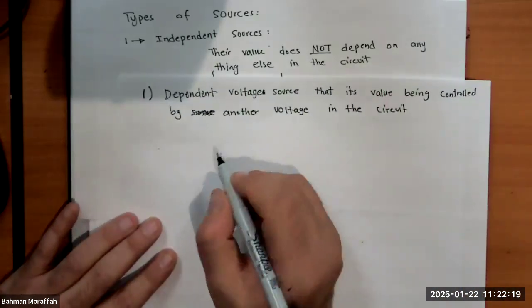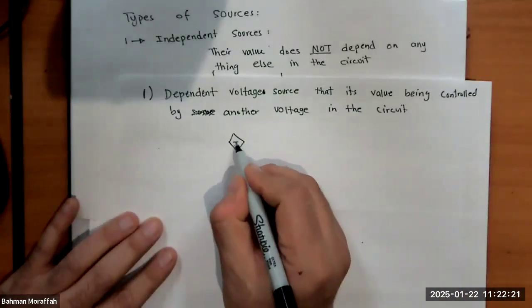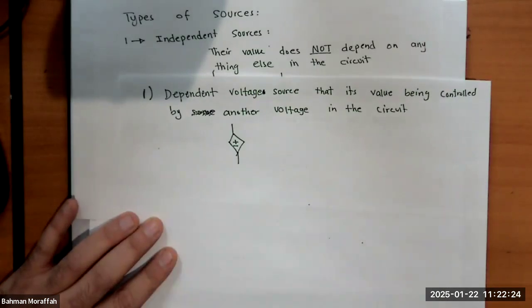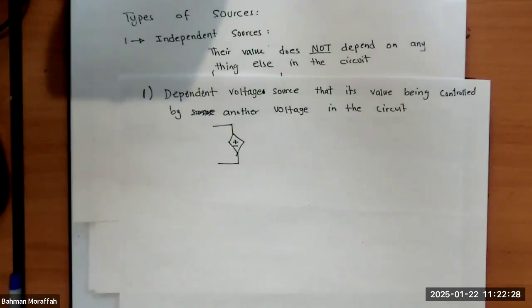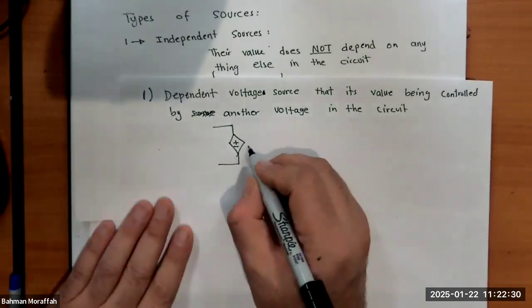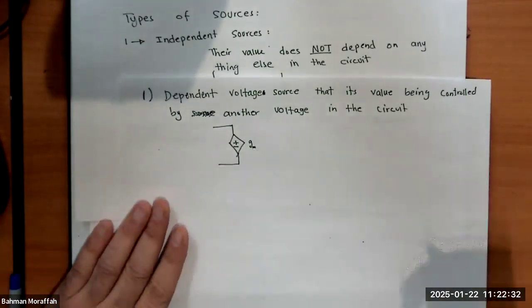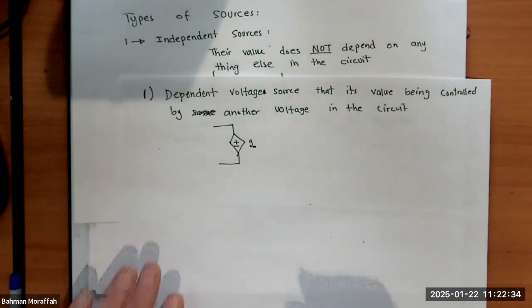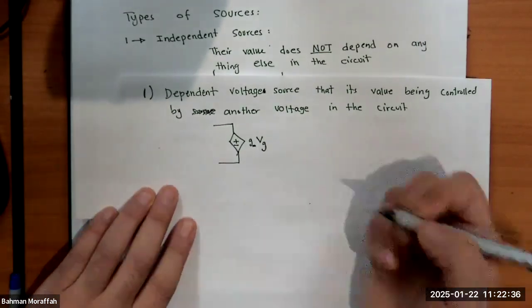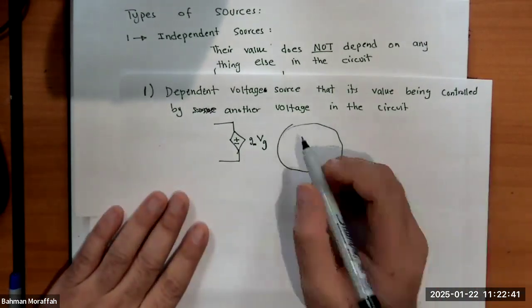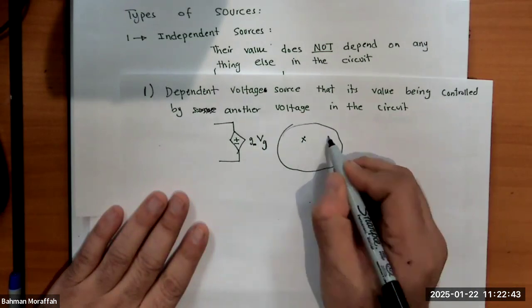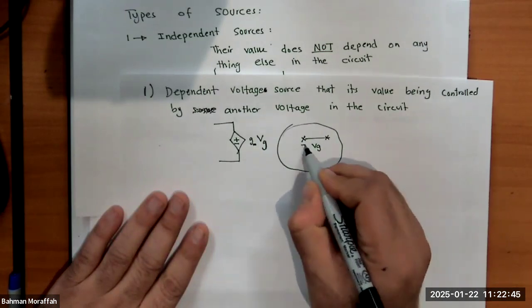So I have a source, this is my dependent source. Its value is some constant, let's call it Gm, times another voltage. Let's say this is the rest of my circuit, and from this point to this point, that's Vg.